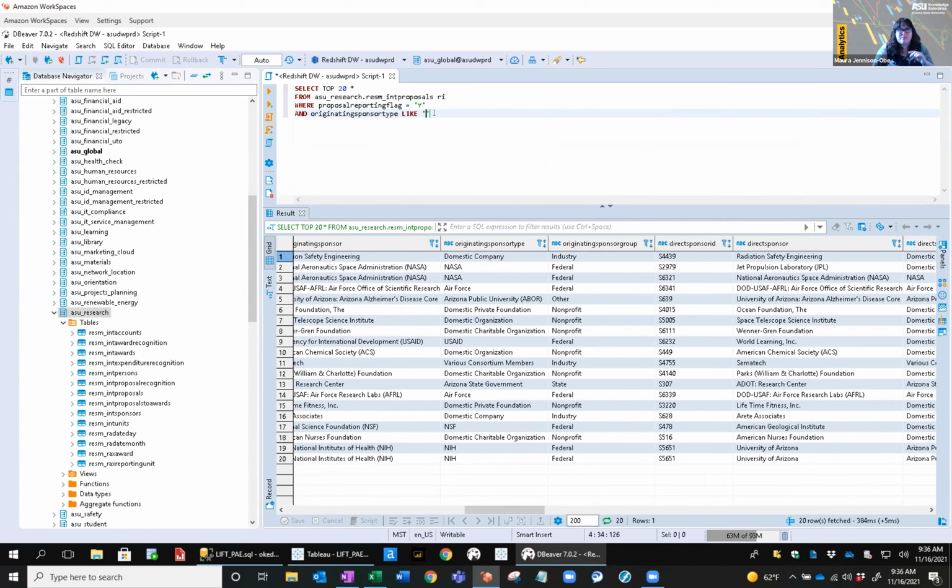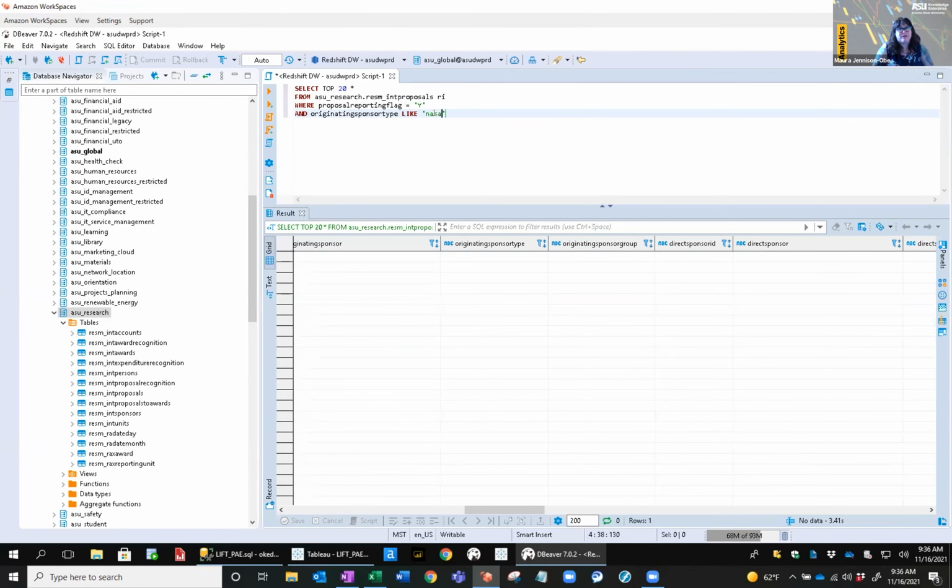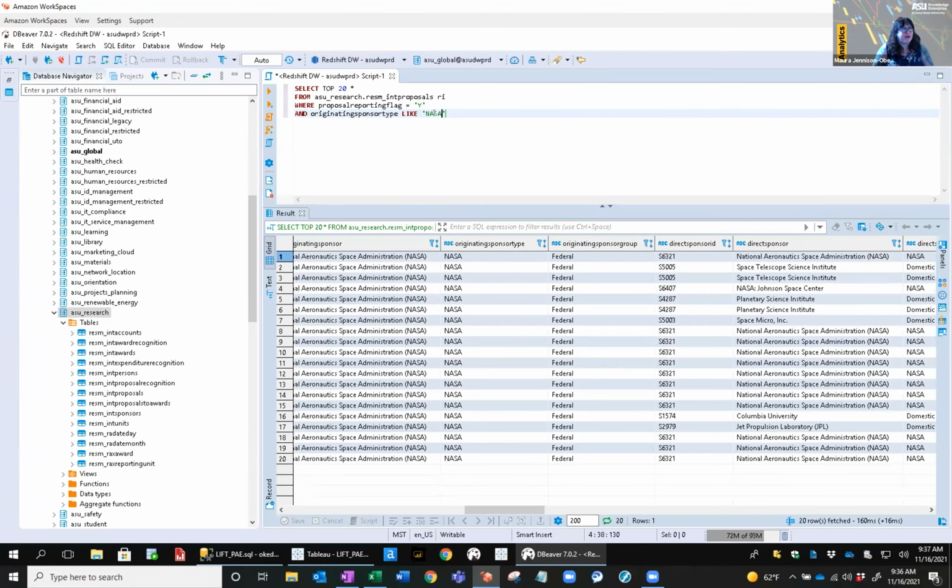It's not the same in other servers, so I just wanted to point that out to you. So if you do a lowercase nasa, right now that's uppercase, I don't think it's going to find it. Yeah, so it is case sensitive, which is a little frustrating, but just keep that in mind.